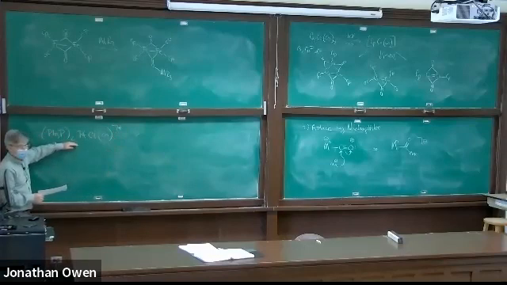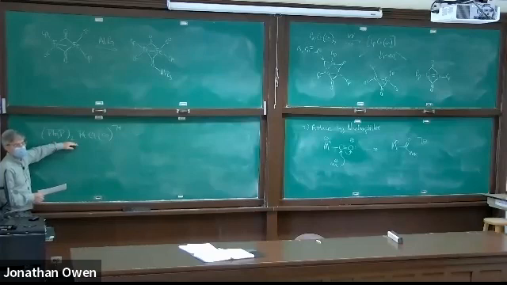How many electrons? I'll give you a hint. It's D8, 16 electron, square planar. You can see that over and over again. Square planar D8, 16 electrons.